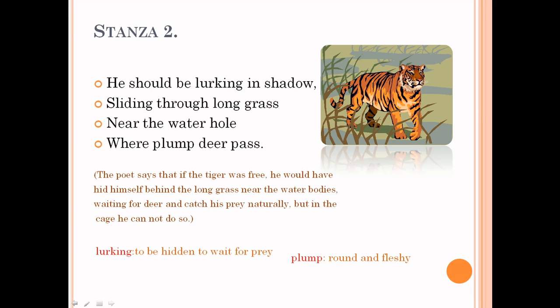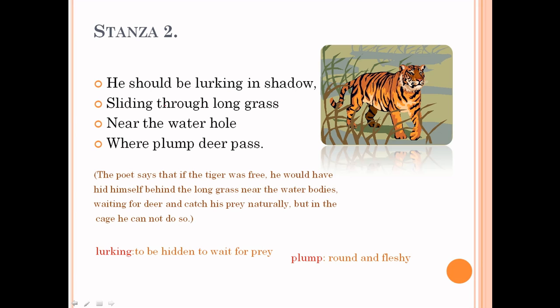So the poet says that if the tiger was free, he would have hid himself behind the long grass near the water bodies, waiting for deer and catch his prey naturally. But in the cage, he cannot do so. So the poet presents an imagery of a tiger's activities in the jungle.